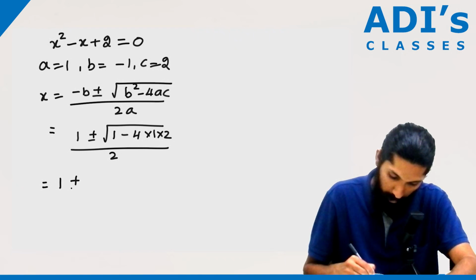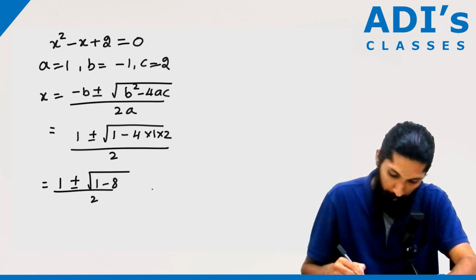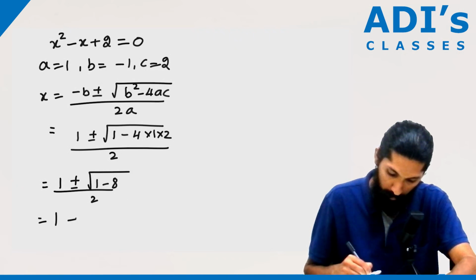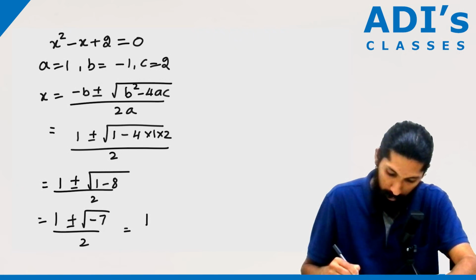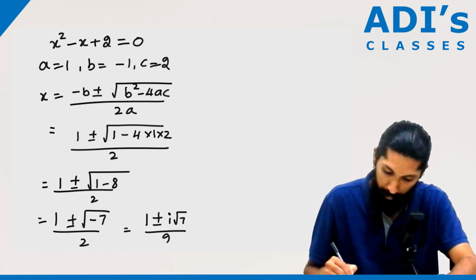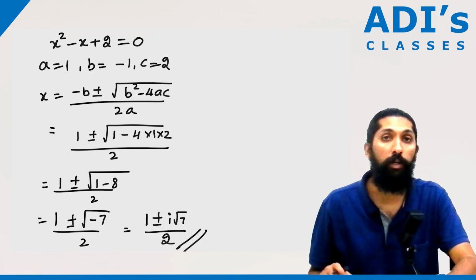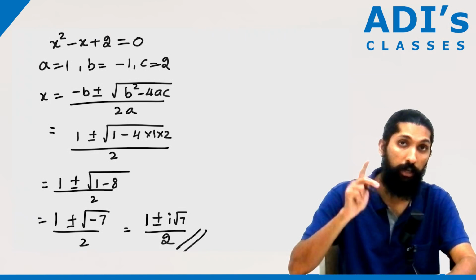So (1 ± √(1 - 8)) / 2, which is (1 ± √-7) / 2, which is (1 ± i√7) / 2. This becomes the answer for the second question.